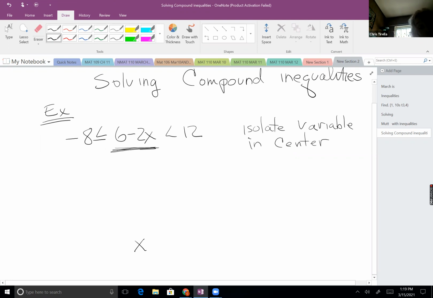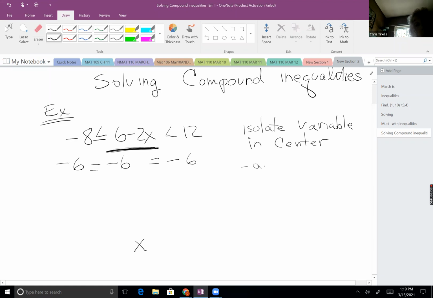To get that x alone in the center, first let me use my addition property of inequality to get the x term alone. So I would add -6. And what I do to any part of the inequality, I have to do to all 3 parts.